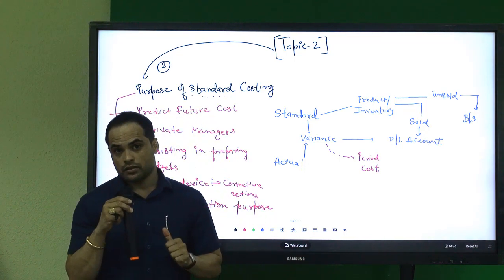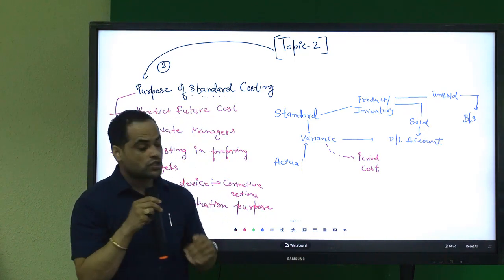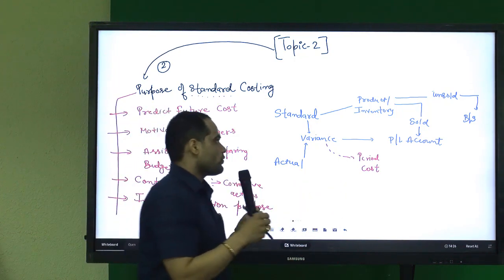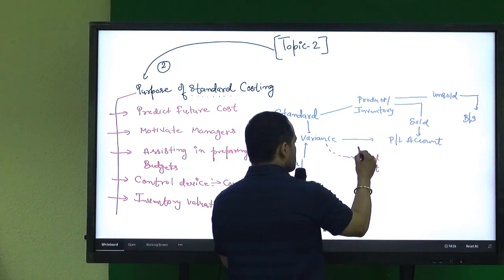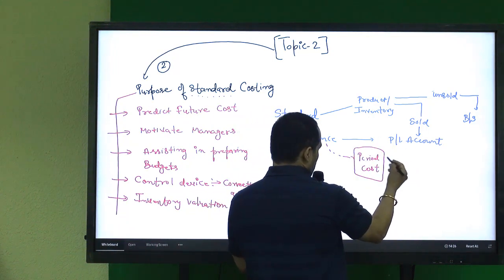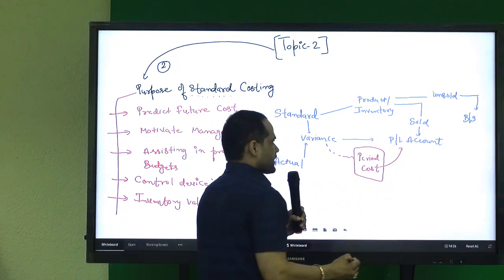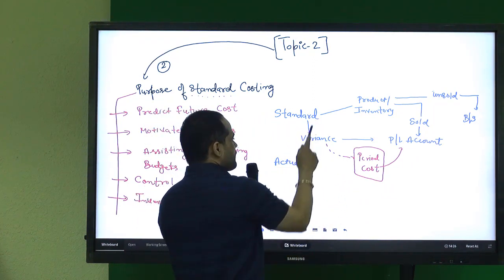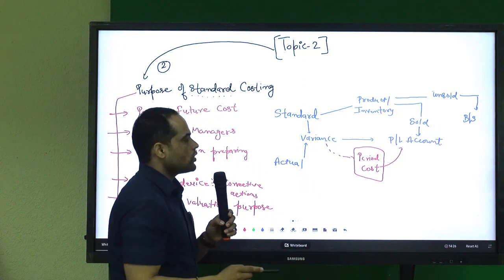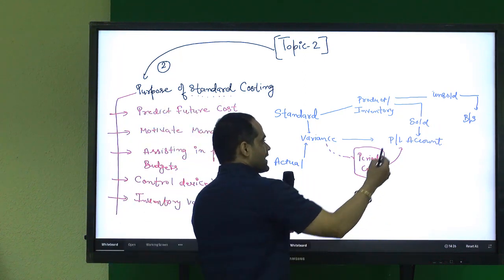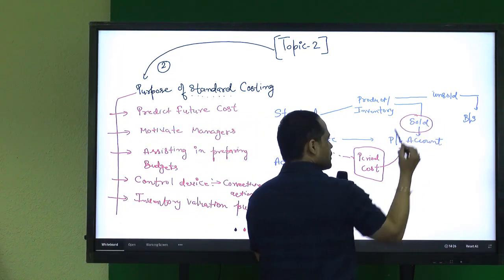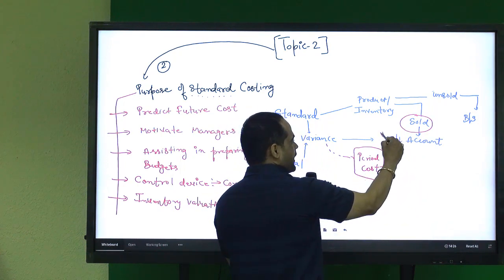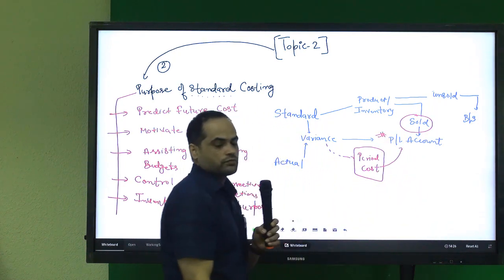I'm writing profit and loss here because this period cost is a part of the profit and loss account. With the help of standard costing, we know that if a product has been sold, it will be part of the income statement cost.